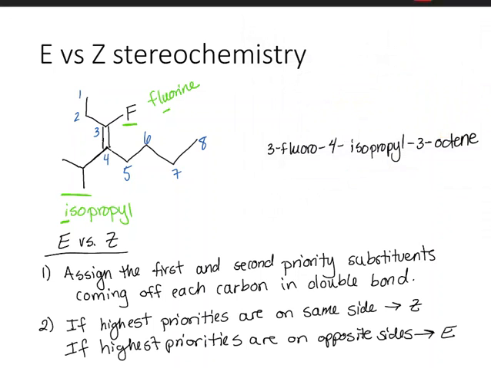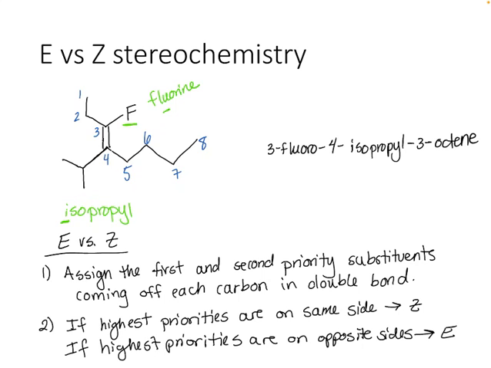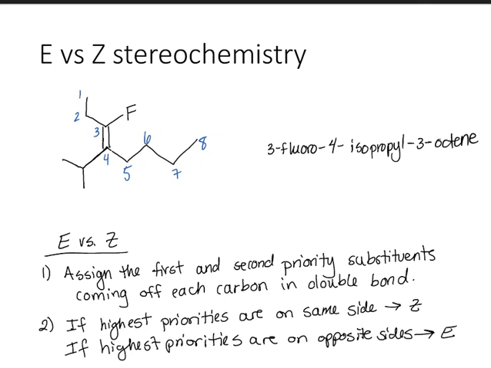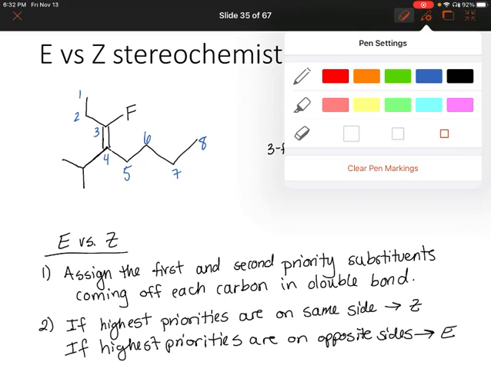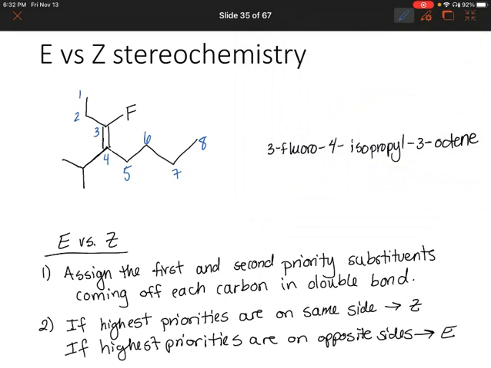Okay. So let's prioritize the groups on each of the carbons in the double bond. Let's start with the carbon at the top of the double bond, at position 3. That is bonded to an ethyl group to the left and then a fluorine to the right.